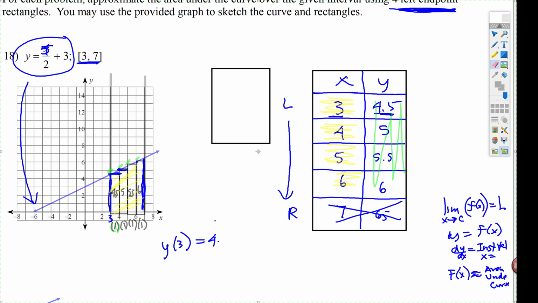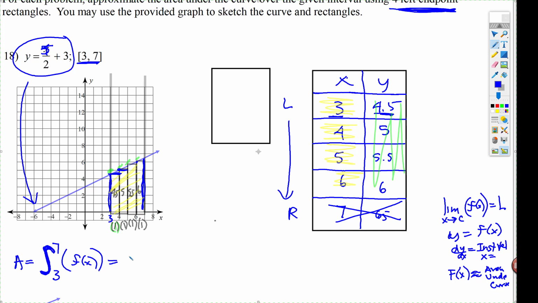So the area under the curve, and I'm going to introduce integration notation. The area is equal to this kind of weird S, that's a summation kind of, and we're going from 3 to 7, and I'm just going to call this f of x for right now.